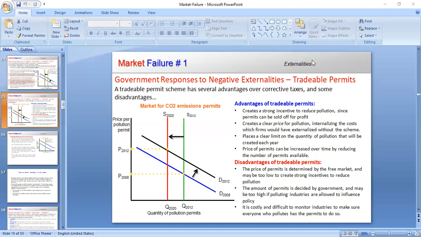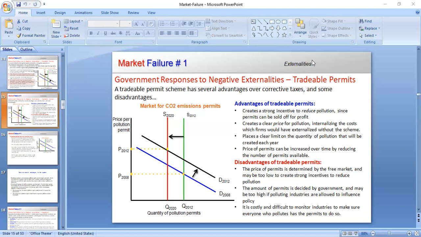So in the end, it might be costly for the government issuing these permits, especially in terms of influencing this policy.